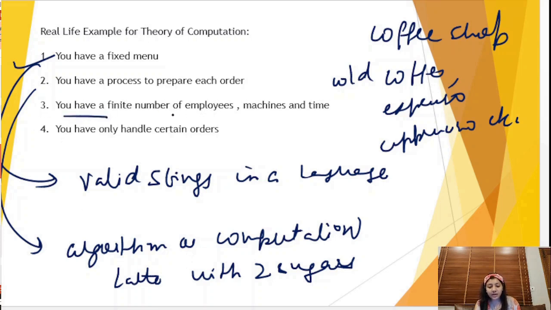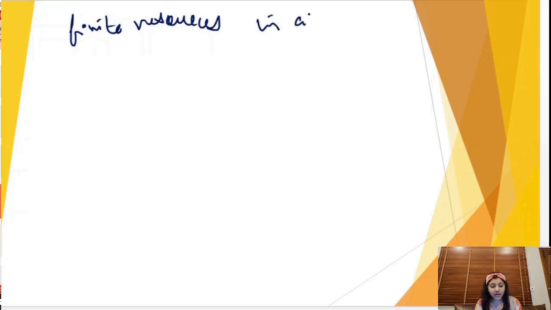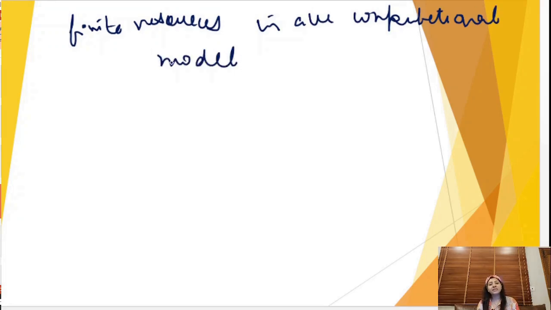The third is that you have a finite number of employees, machines and time. So this is like the finite resources in our computational model. Later, as we proceed in this subject, we learn about different kinds of mathematical models.